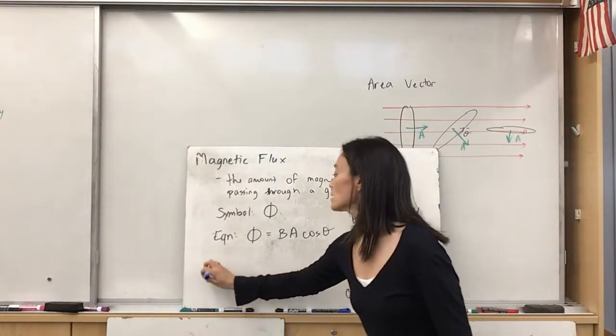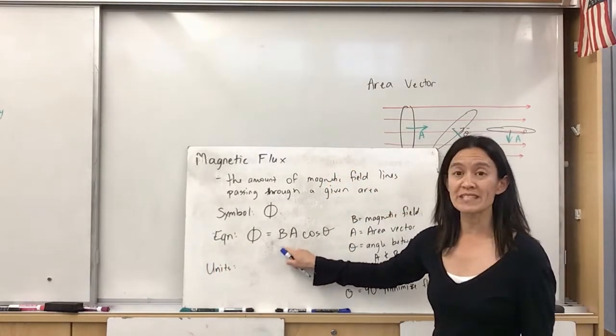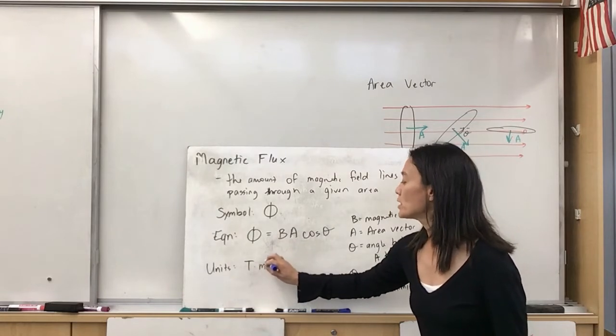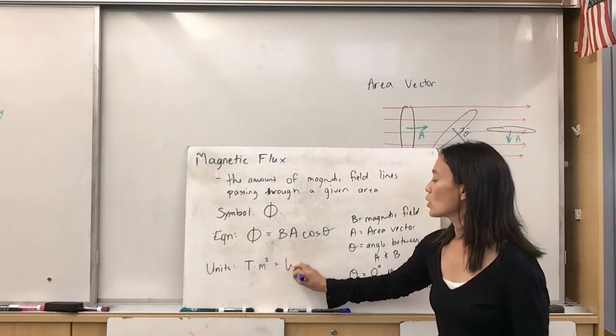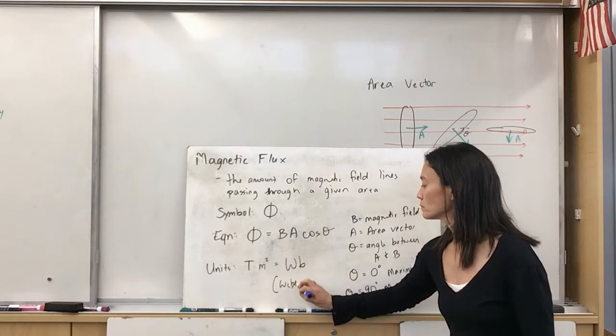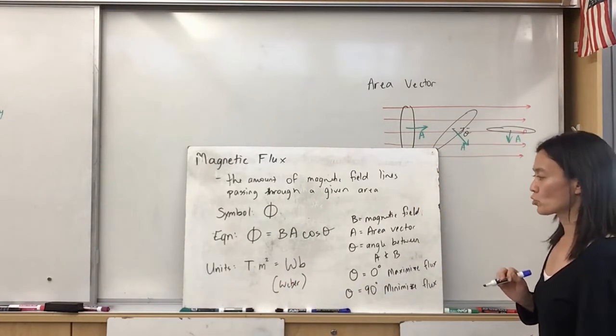The units: magnetic field is measured in Teslas. So Teslas times area in meters squared is actually a unit called a Weber, Wb. So magnetic flux is measured in Webers.